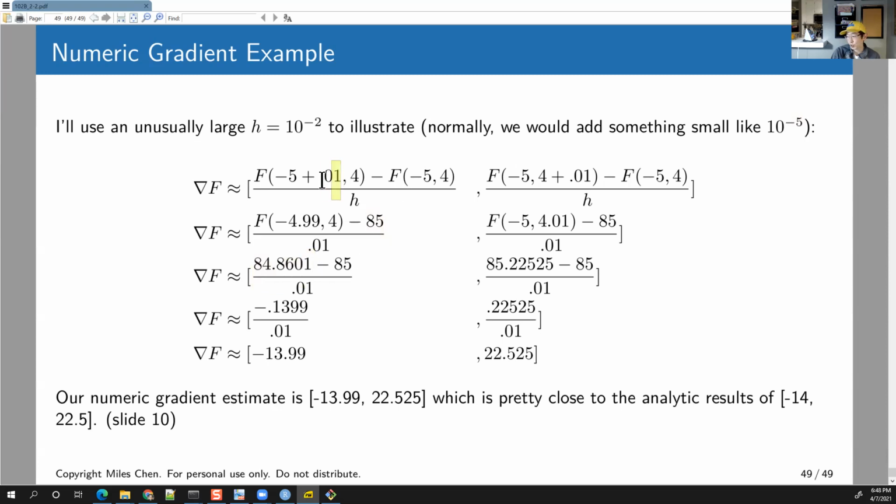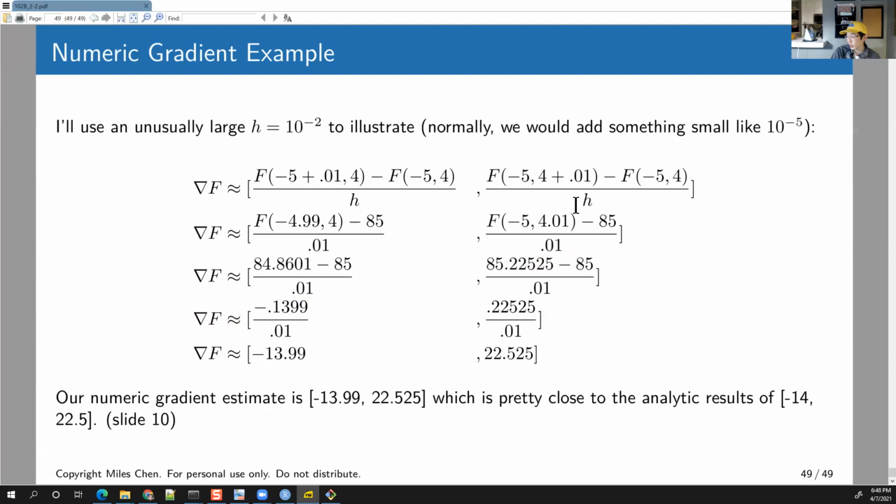So by adding 0.01 to this value of -5, our function changed from 85 to 84.86, okay? And so the partial derivative at that location is going to be -13.99. Basically, it changed by 0.1399 over a change of 0.01. So that becomes a gradient of -13.99, or a partial derivative here.